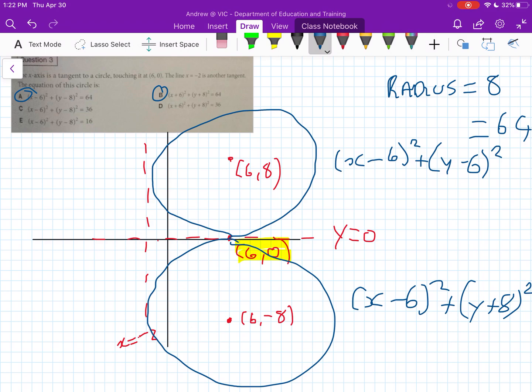So now we just need to see if any of those are our answers, and we should see that this top one here is answer A.